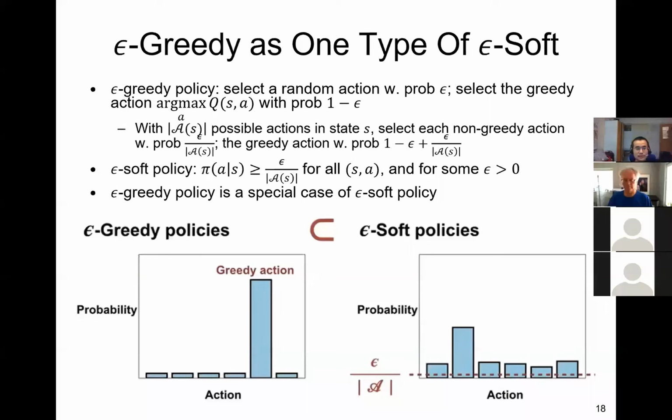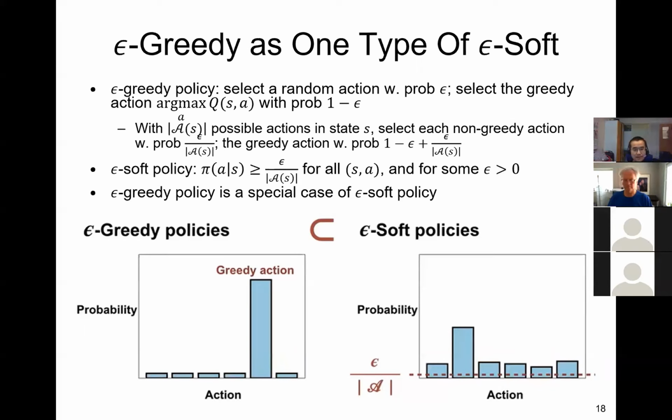So with the total possible actions in state S, select each non-greedy action with probability epsilon divided by the size of the action set. The greedy action is selected with probability 1 minus epsilon plus epsilon divided by that, because the random action includes the greedy action as one of its options.